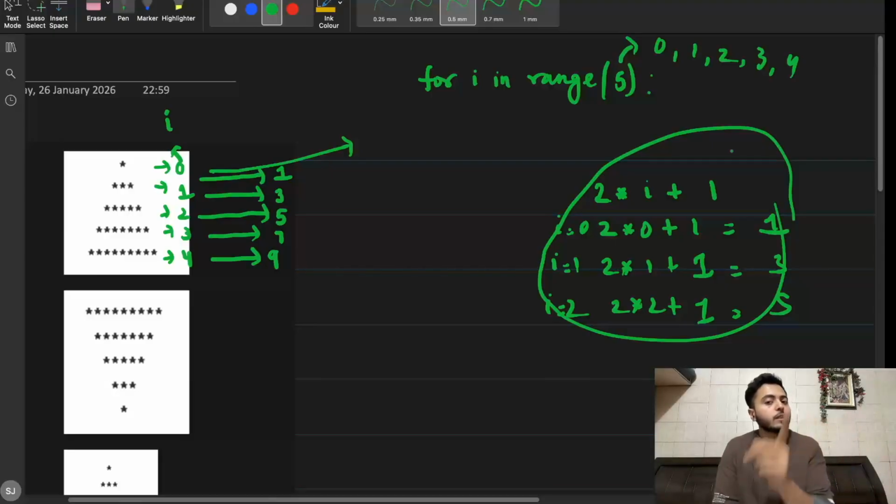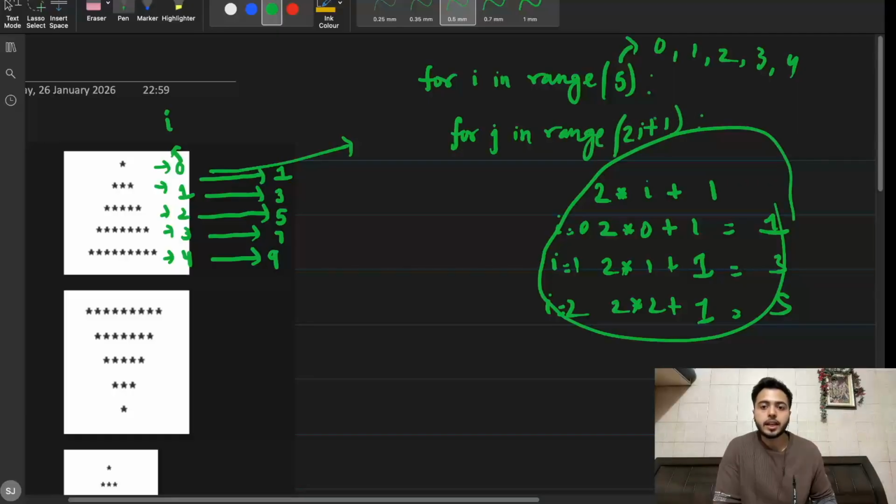It will run till 2i plus 1 and then it will print stars. So let me write here: for j in range 2i plus 1. Let me erase this.